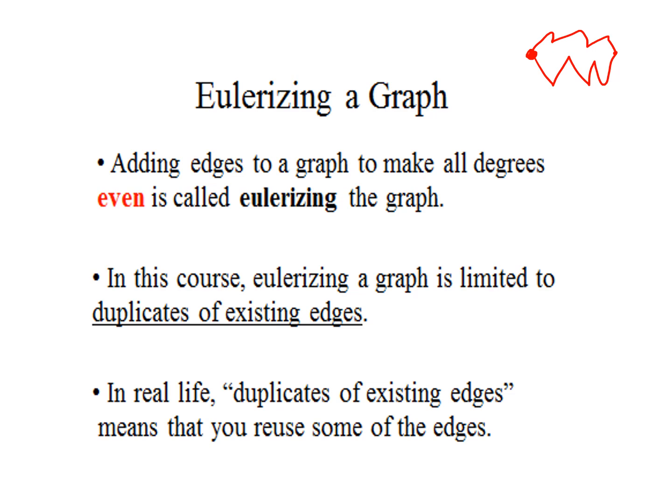But we can look at Eulerizing a graph and just duplicating existing edges, i.e. going down the same road more than one time, just twice. We want to go down those roads the least number of times that we have to, right, to save money and time.